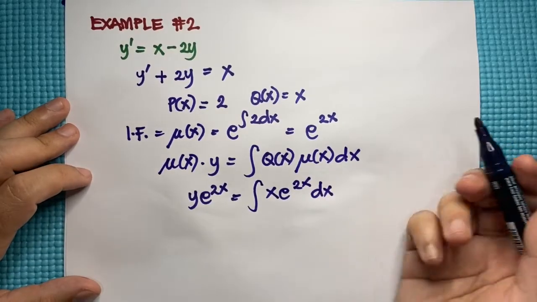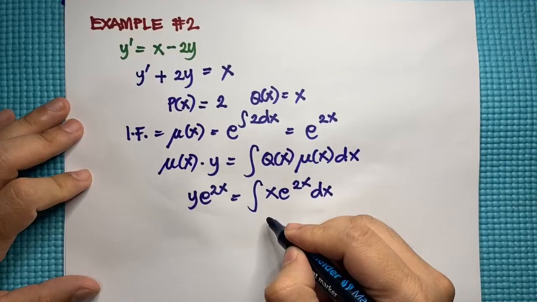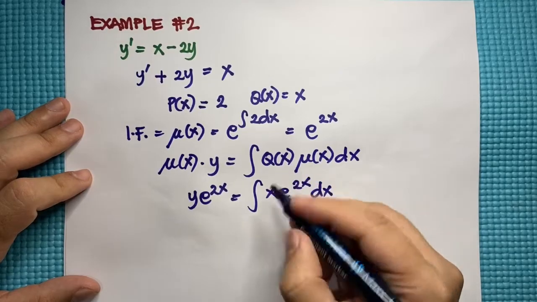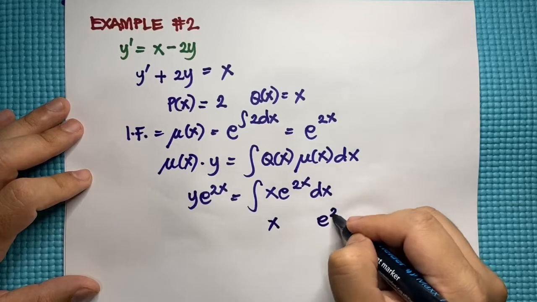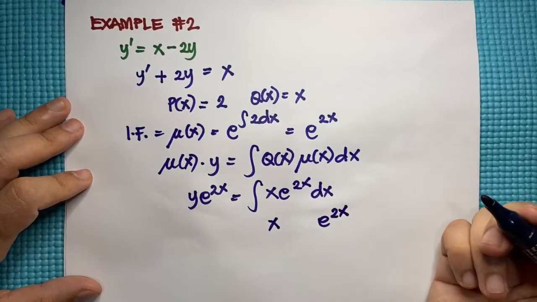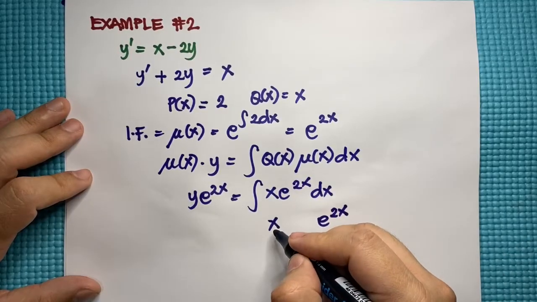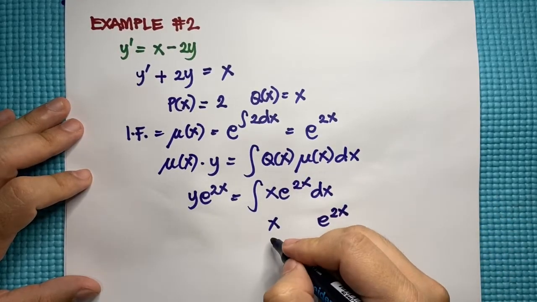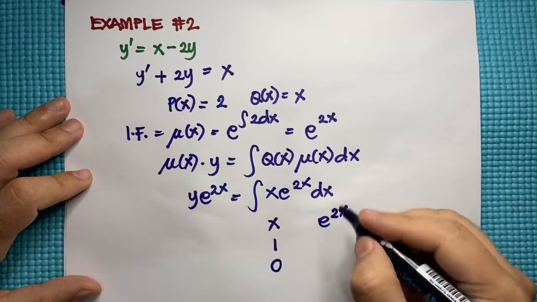So the easier way to find the integral of such a function would be to use a tabular method. Here x and e raised to 2x would be our dv. The derivative of x is 1, and the derivative of 1 is 0.